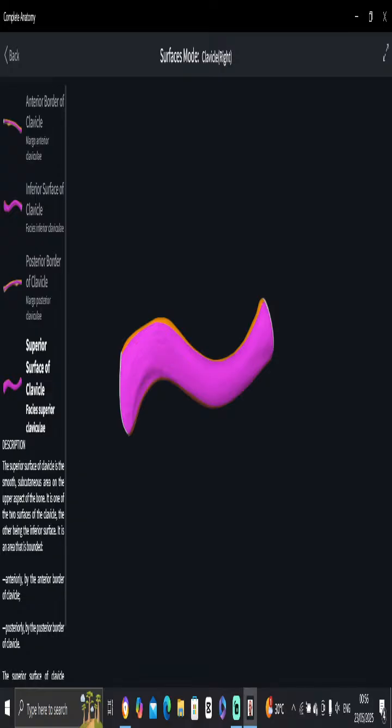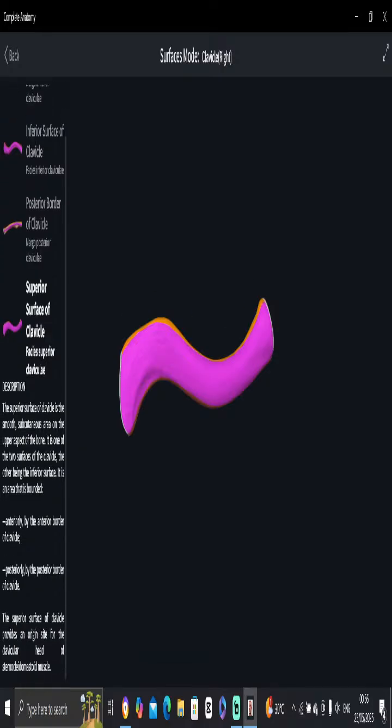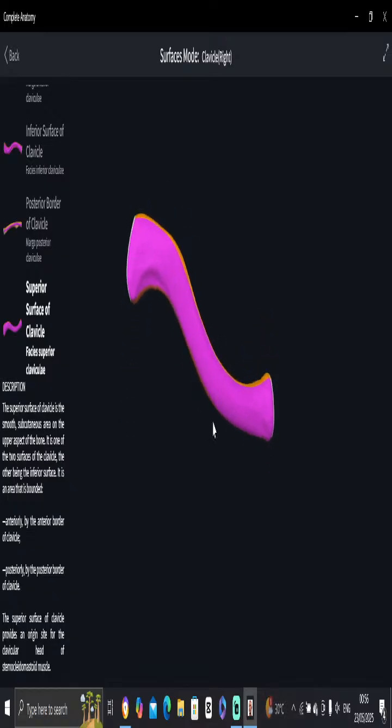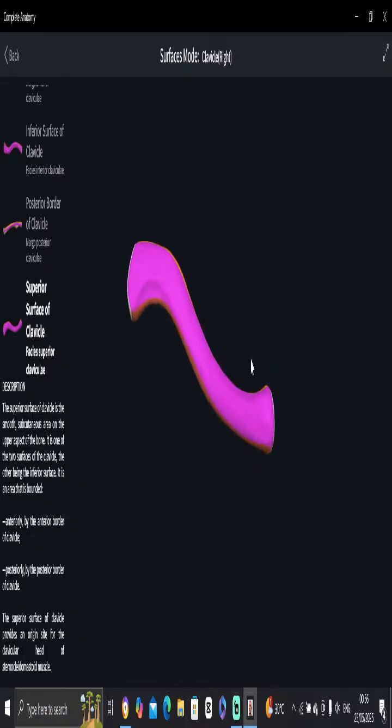While the superior surface is relatively smooth, especially on the medial aspect. The medial third provides an attachment point for the clavicular head of the sternocleidomastoid muscle. Sorry, I'm mixing up clavicle with sternum.